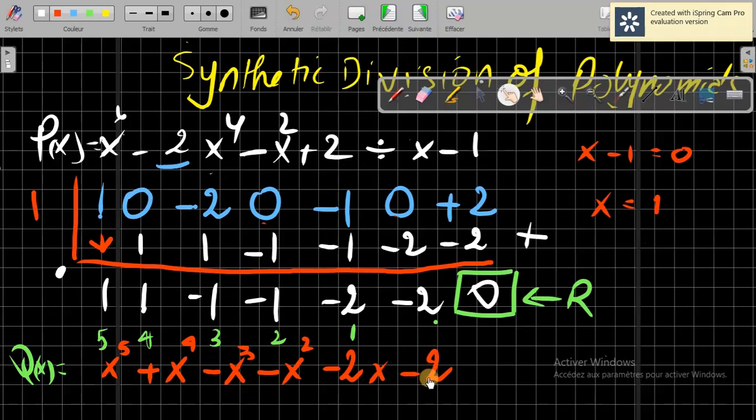So I believe that synthetic division is solving a lot of problems, and is very easy and a kind of shortcut, compared to long division. So yes, using synthetic division is very useful, and we gain a lot of time.